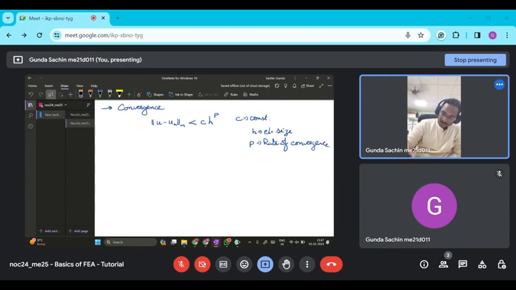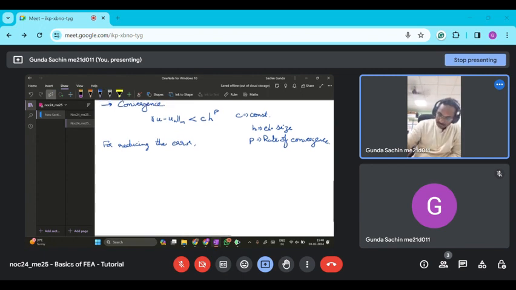So, for reducing error, reduce the element size, which indirectly means increase the number of elements. This is called H convergence.